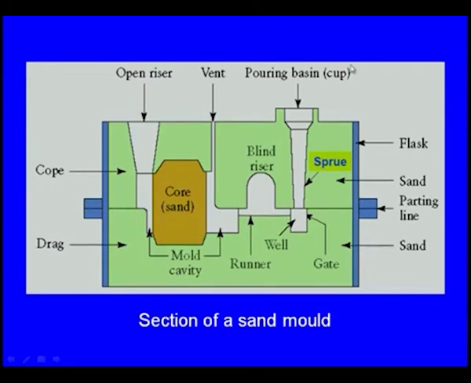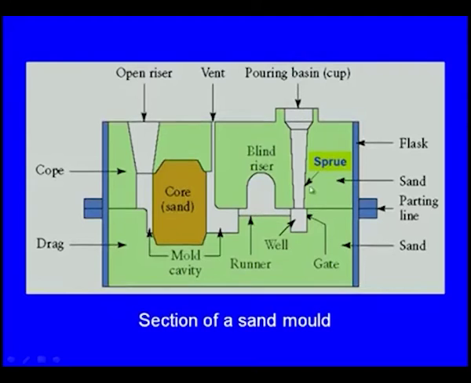Then how do we pour the molten metal? We have made a provision, a vertical passage, which we call the sprue. Then the molten metal comes this way and a horizontal passage is there, that is known as the runner, and it passes through the runner, finally it enters into the cavity.